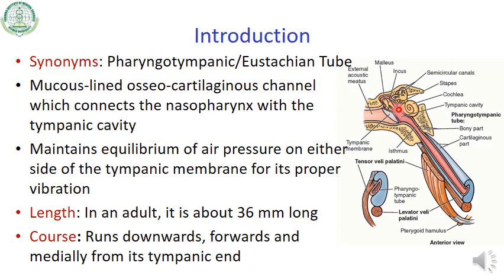So in this diagram you can see this is suppose lateral end of the pharyngotympanic tube, this is medial end of the pharyngotympanic tube. So from here to here it is going downwards, then you can see it is coming forwards and also medially from the tympanic end to the pharyngeal end.